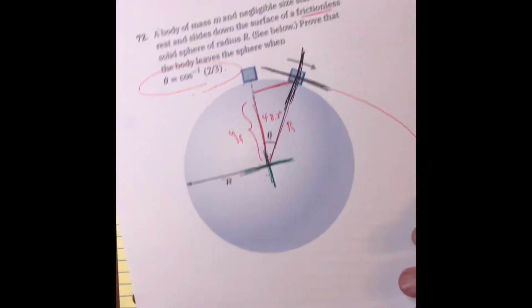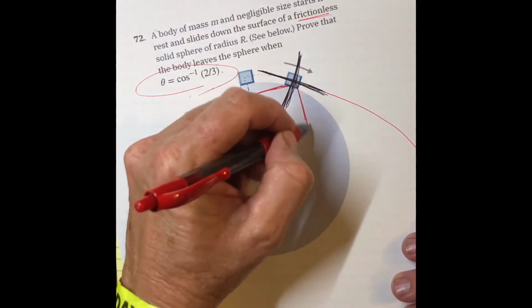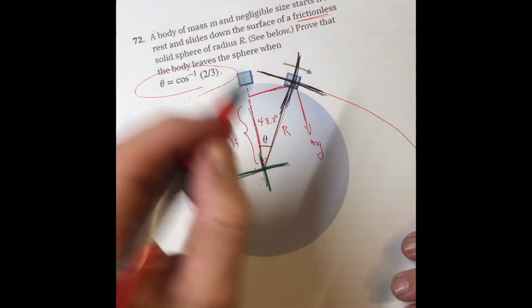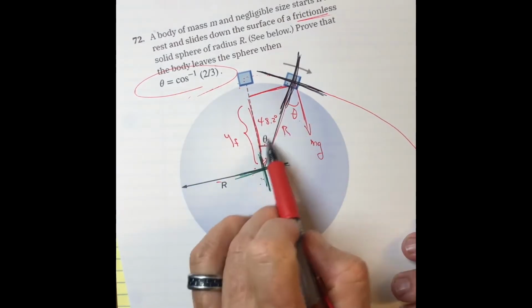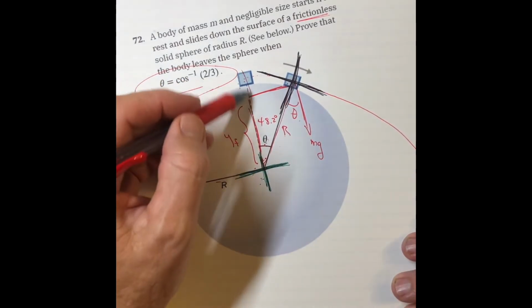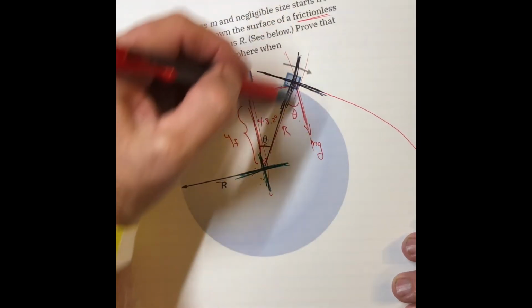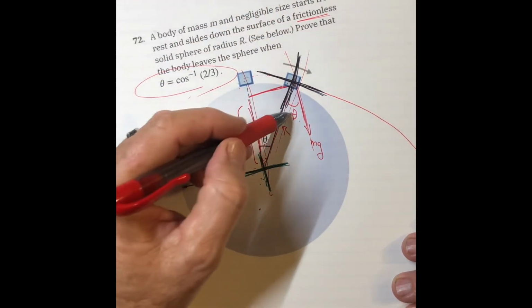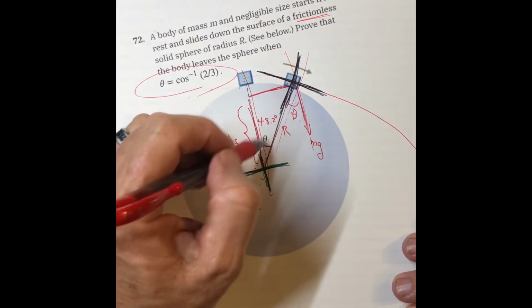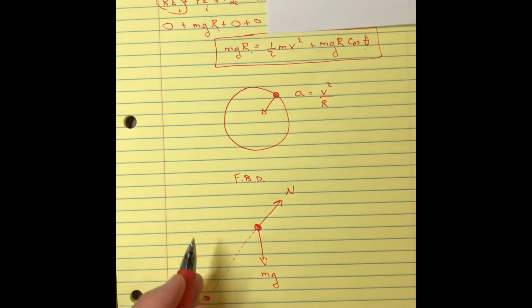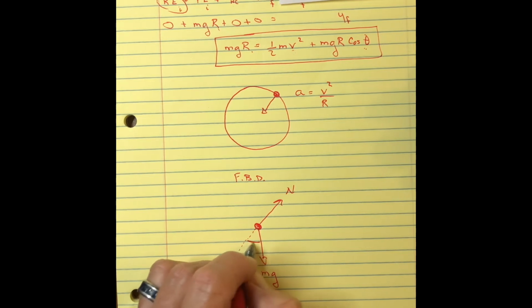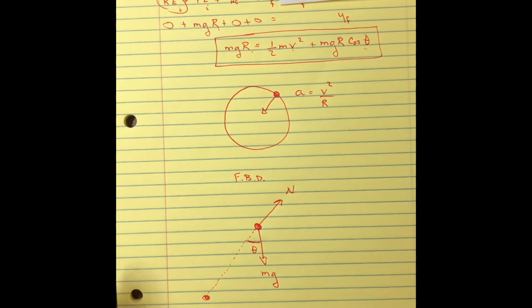And so coming back here and drawing a line straight down for mg, you'll see if this is angle theta, so is this. These are alternate interior angles. See, these are two parallel lines cut by a transversal. And so these angles from geometry are alternate and interior and must be equal to each other. So I can put that right here. That's the main thing I want to do.